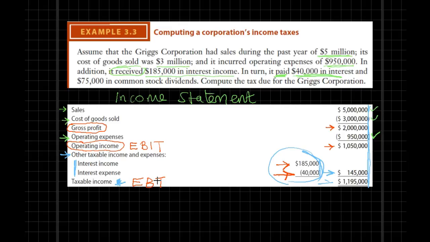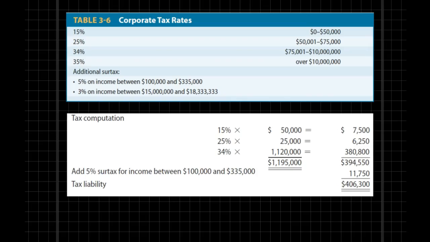Now that we have our taxable income, it's now step 2. In the second step, we need to figure out our tax liability, and that's what I do next. On the top portion here, now we have our corporate tax rates. This is the law. So these numbers will not change.